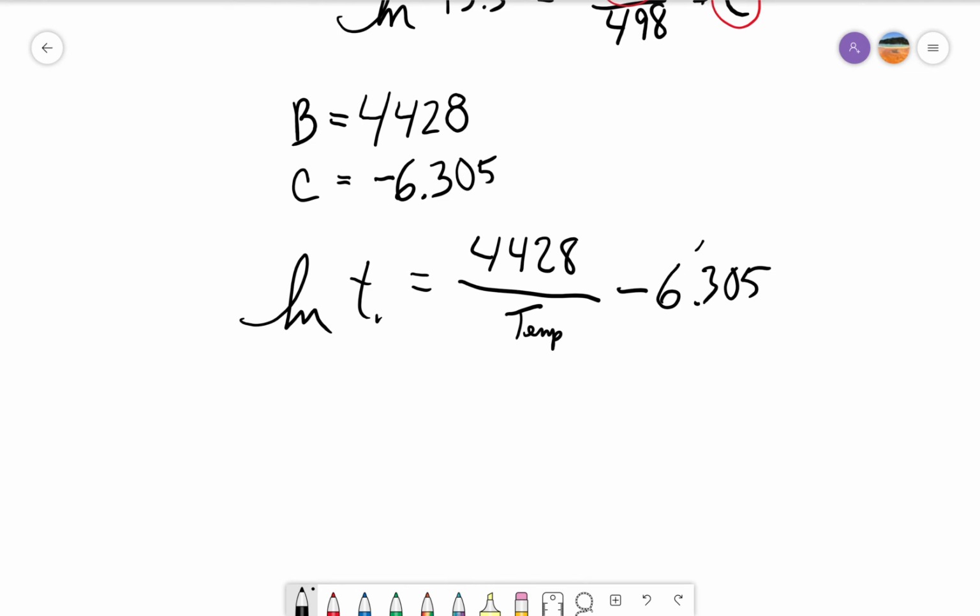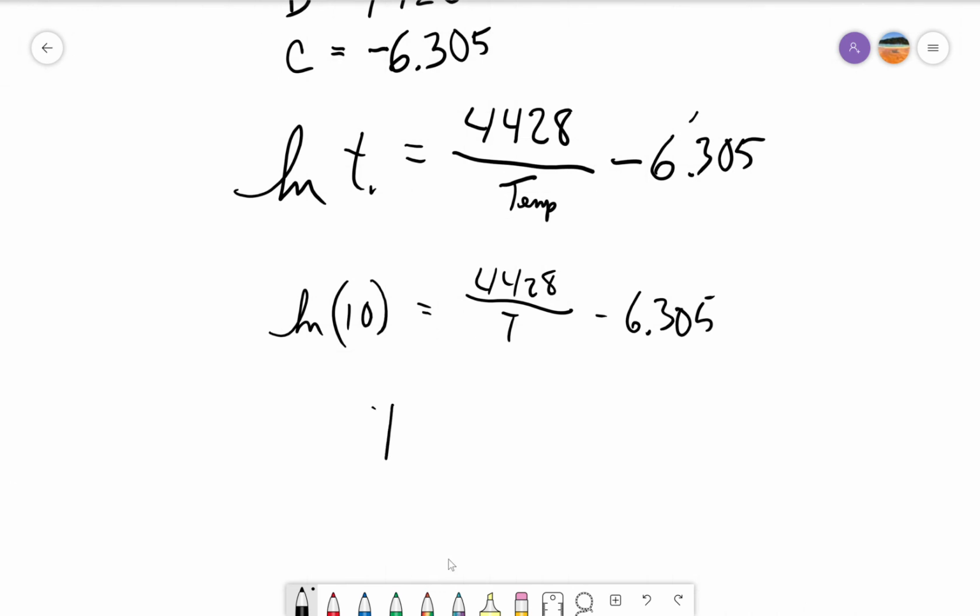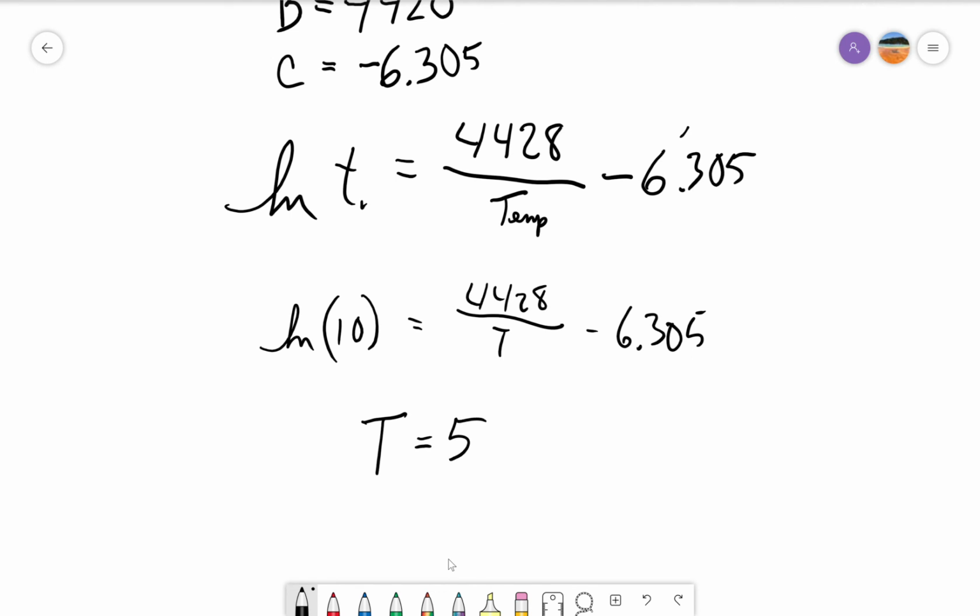If we just substitute in the temperature, it works out to be 515 Kelvin or 241 C.